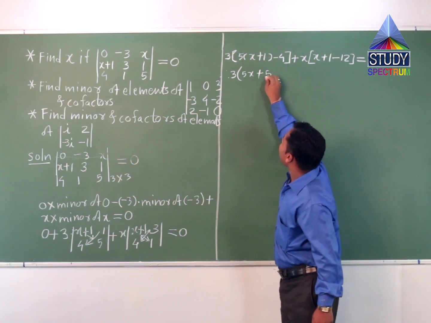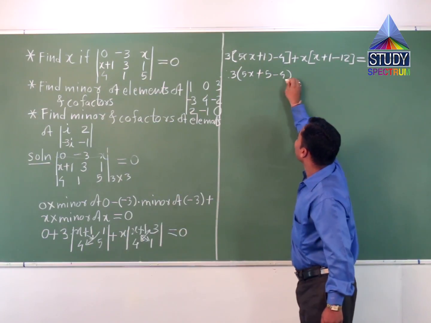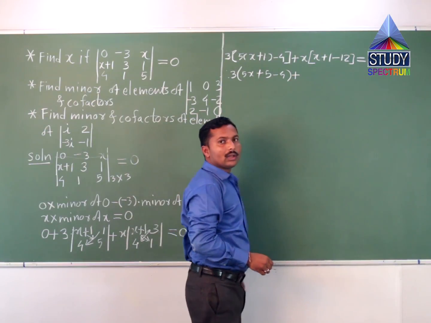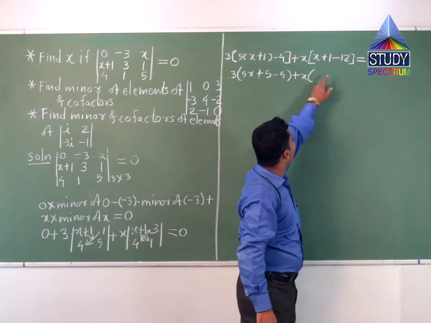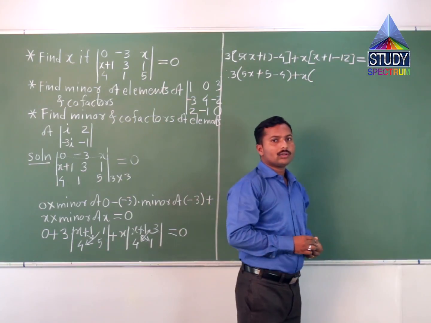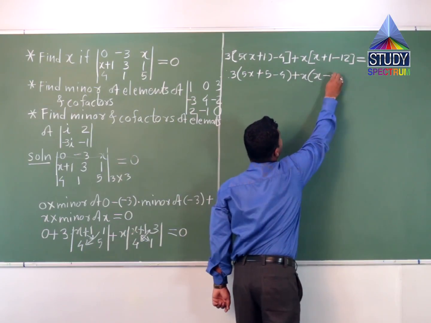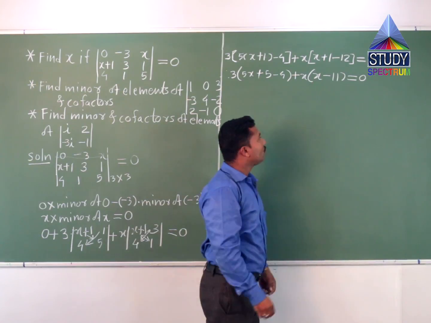this 5 multiplied by this bracket, so 5 into x, 5x plus 5 into 1, 5, minus this 4, again here is a plus x as it is, this 1 minus 12, 1 minus 12 means minus 11, so x minus 11 equal to 0.